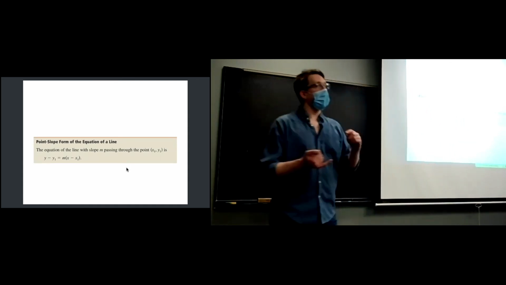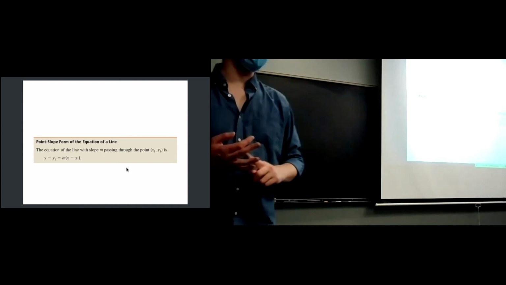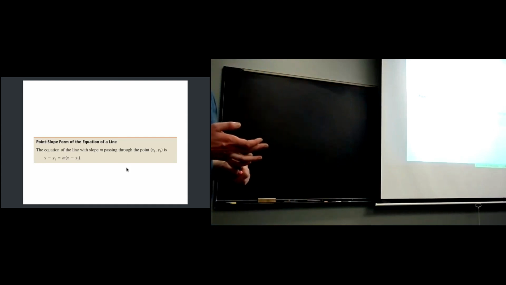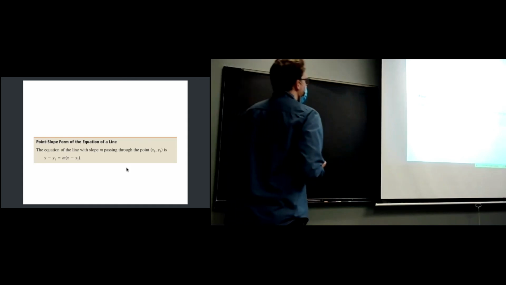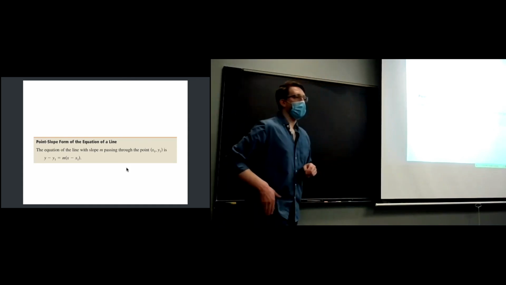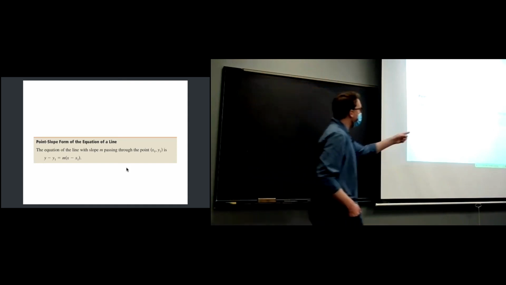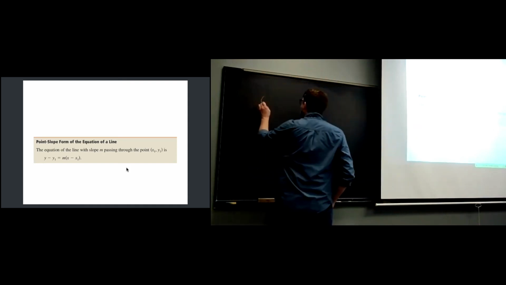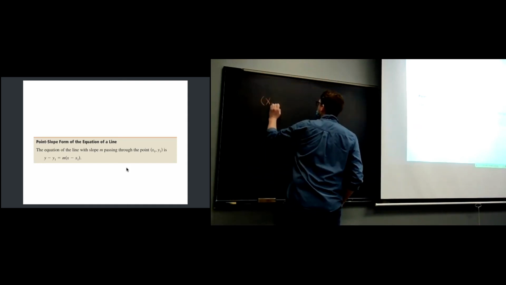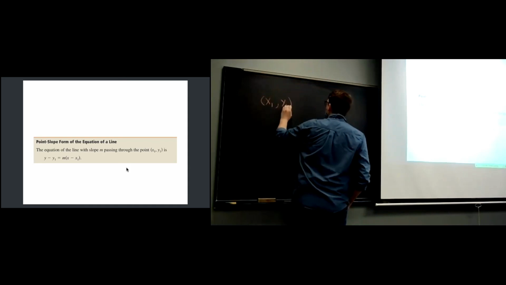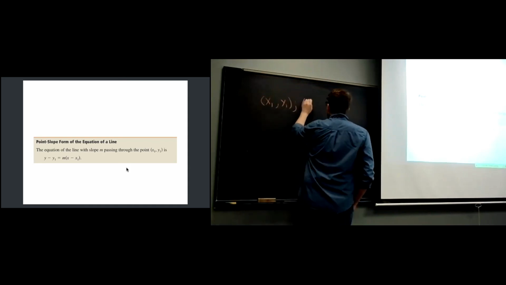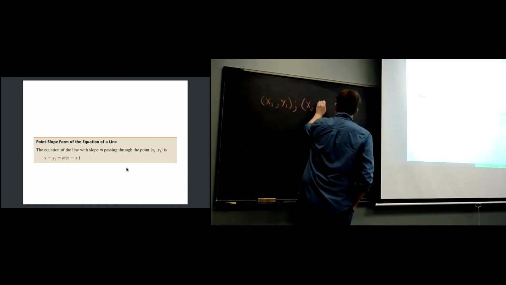If given the slope and an intercept, we could use slope intercept form. And then there's just the general equation of a line as well. So I've got x1, y1, and x2, y2.